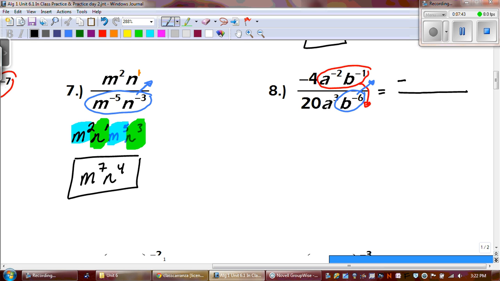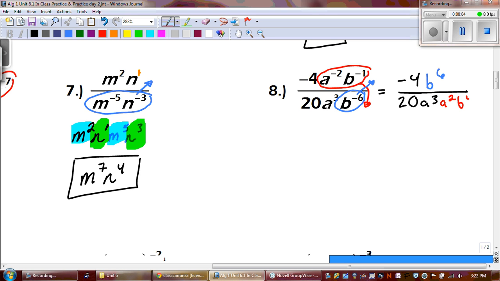So that's the first thing I'm doing. That negative 4 stays there, the 20 stays there, a cubed, that stays there. But we moved b to the 6th on top, and then we brought down a squared b to the 1st, okay?